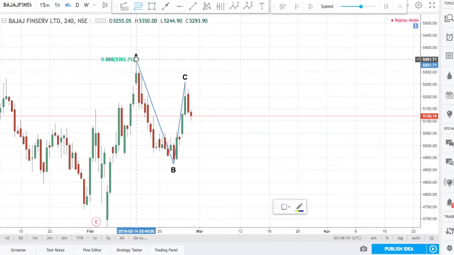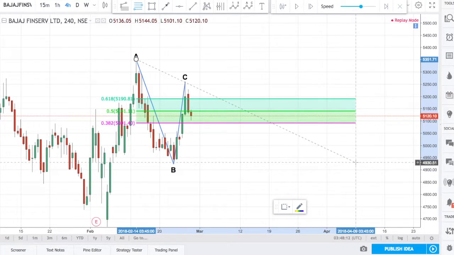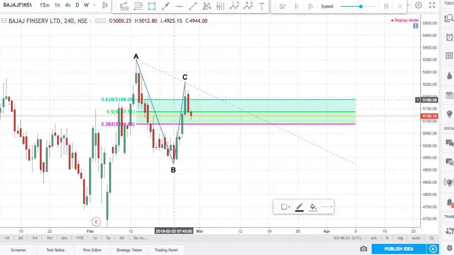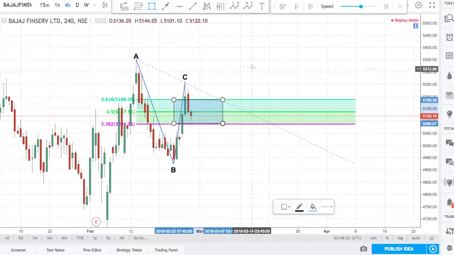Let me show you our Fibonacci retracement from A to B, around this zone.